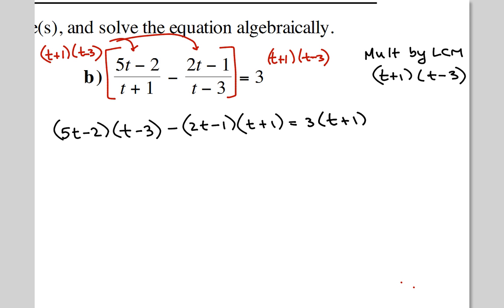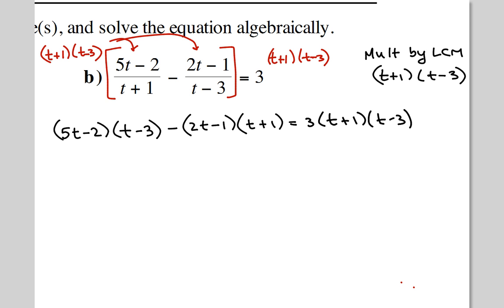Now the right hand side, we're just going to rewrite it. So what do you think about all this? What's the strategy now? Distribute, collect like terms, solve for t.